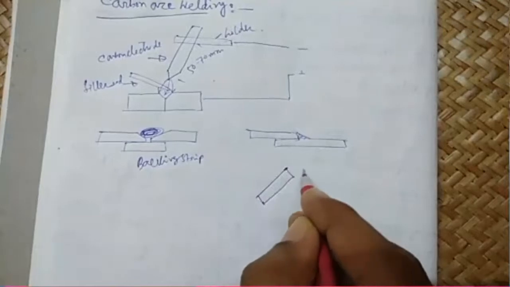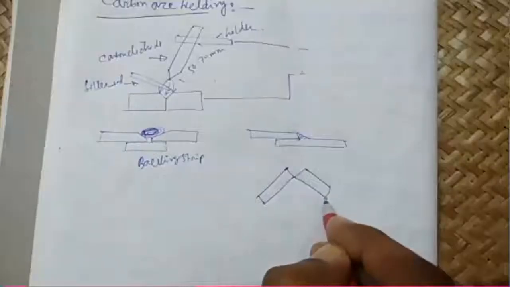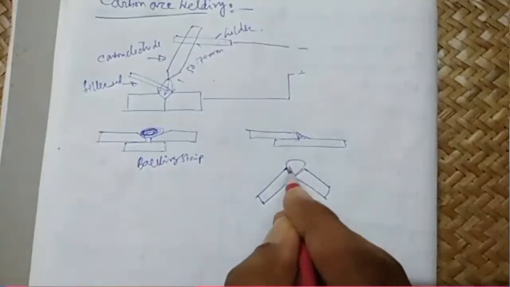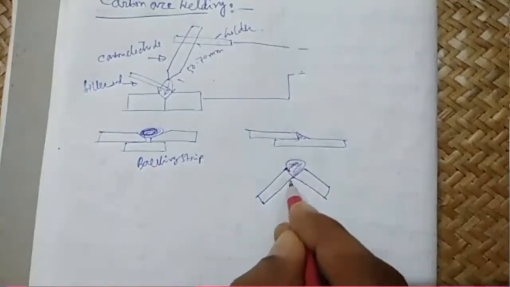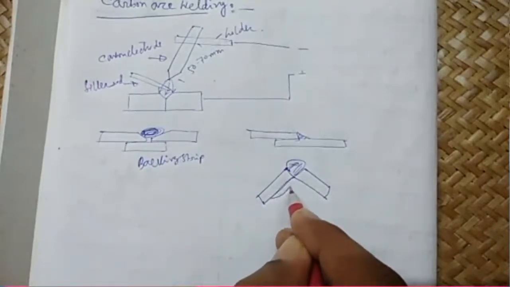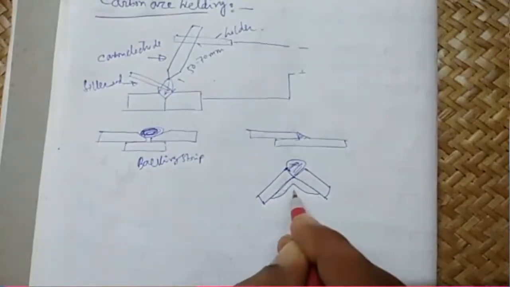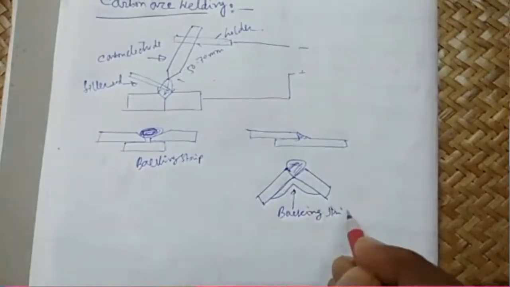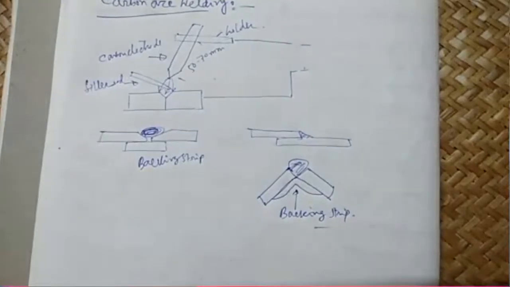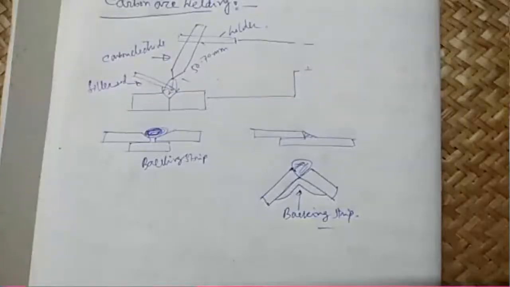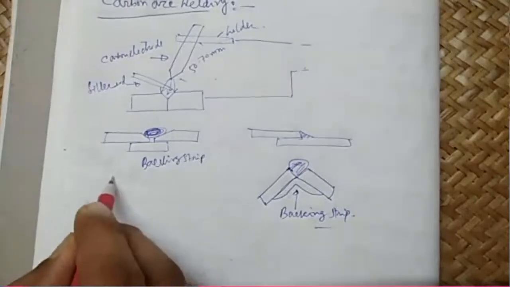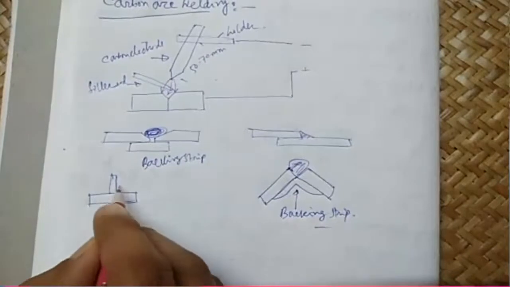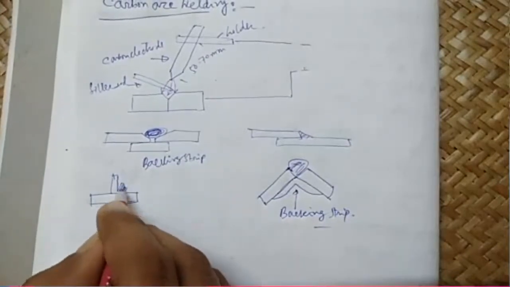This is new. This is called a corner joint. Here this portion is to be welded, and for that purpose we use a backing strip like this, to support the two metals and to fix the angle between them. These types of joints are made in carbon arc welding.